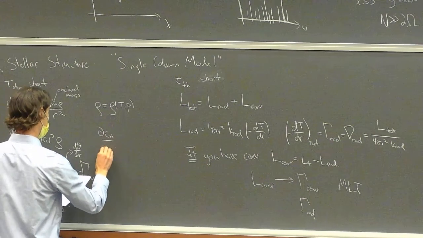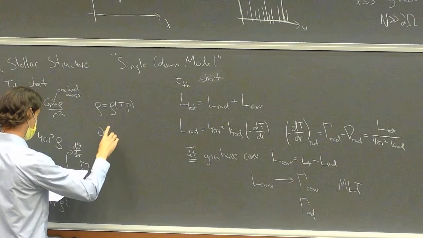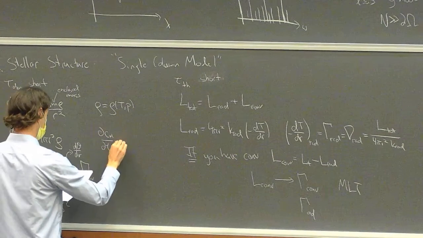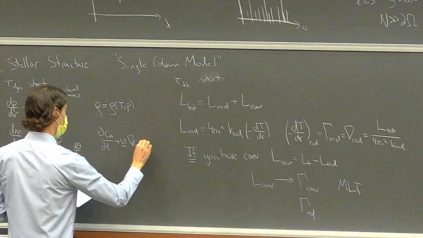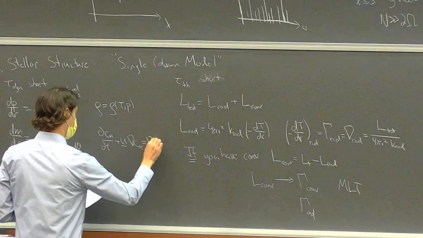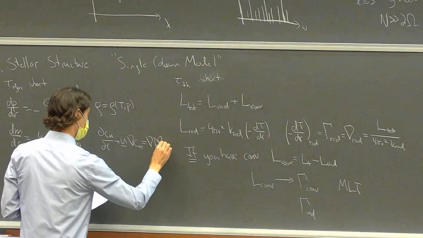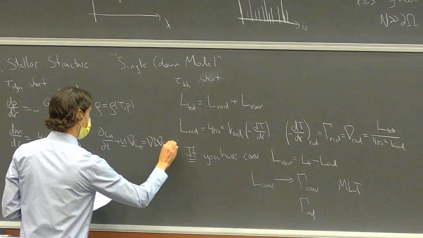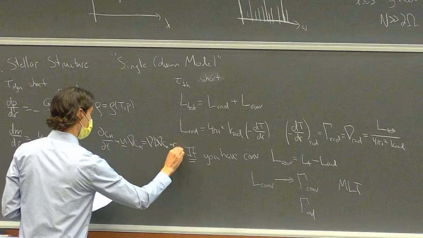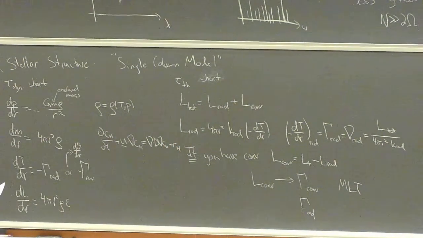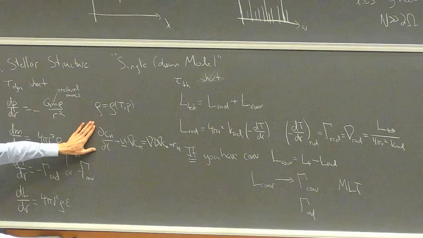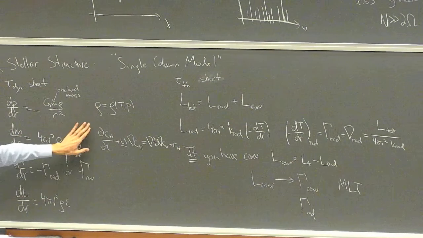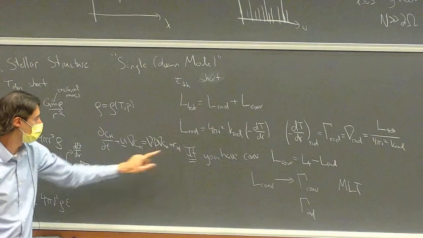So, for instance, you could write down an equation for the evolution of hydrogen. So it's just an advective, diffusive, reaction equation. Okay, and this is kind of where the main time dependence comes in, because these nuclear reactions are going to be converting hydrogen into helium.